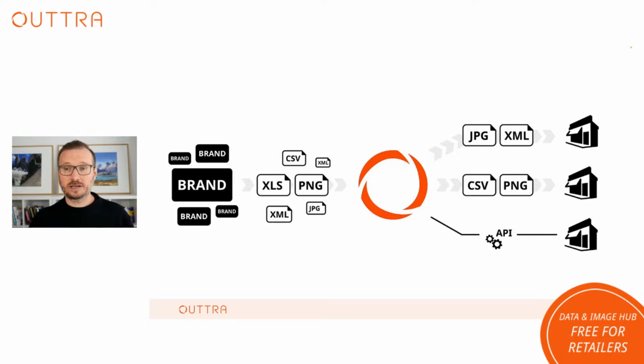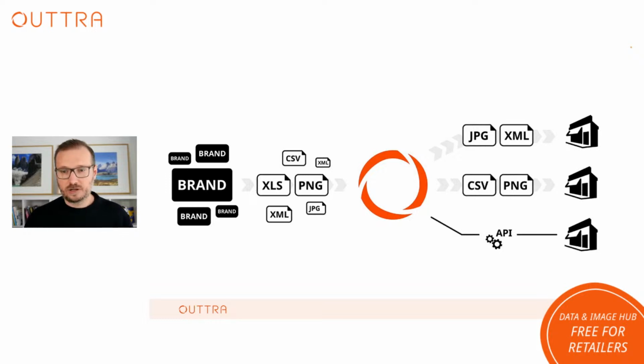So they can get JPEG files from all the brands they are allowed to access, and we convert PNG files in this case to JPEG files. The same with XML for the content. Retailer 2 wants a CSV file with PNG images, also possible. Our system converts images so that retailer 2 always gets his images in PNG.